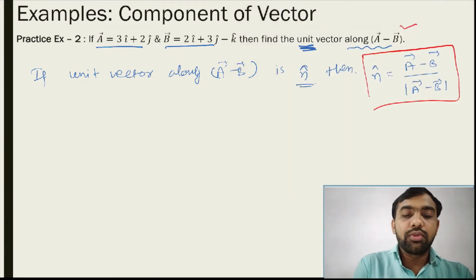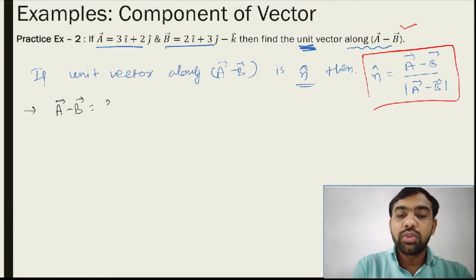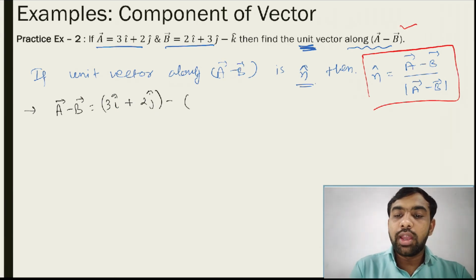We have to find out first A minus B, which is equal to 3i plus 2j minus 2i plus 3j minus k.